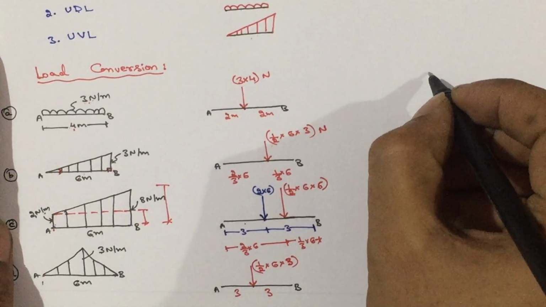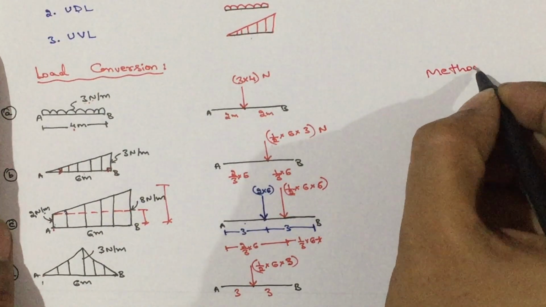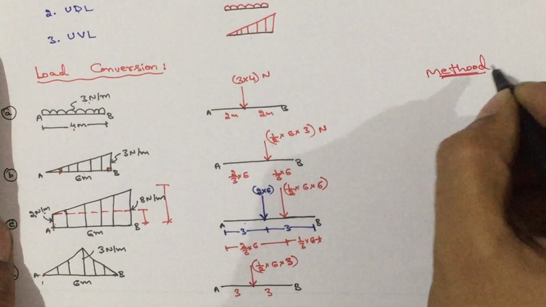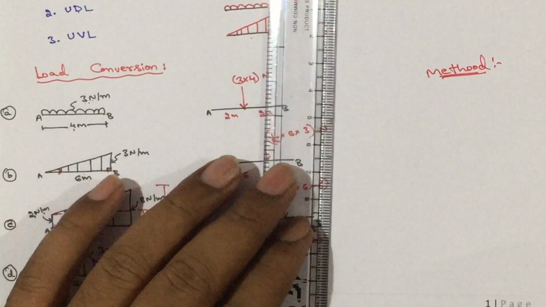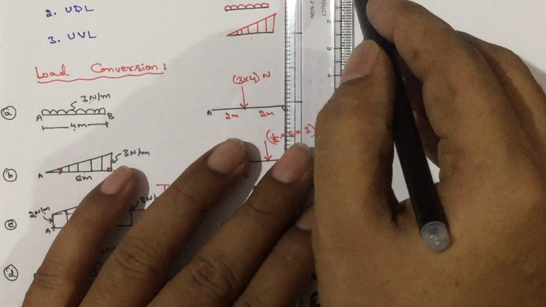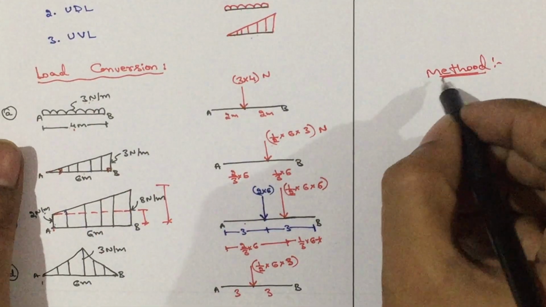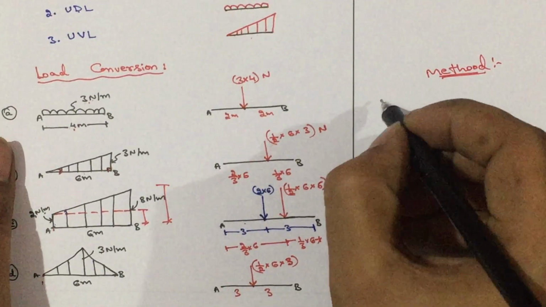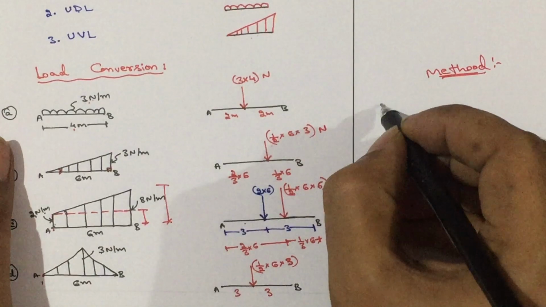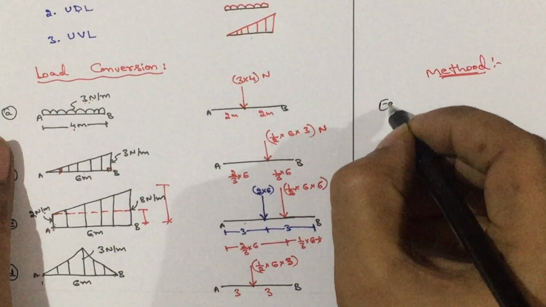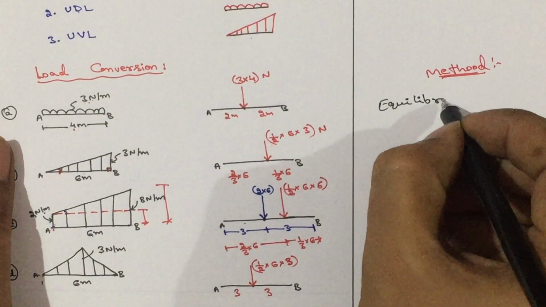So, what is the method to solve the problem? Here we have only one type of problem, that is support reaction problems. Then which are the methods available to solve the problem? We are going to solve all the problems by using equilibrium conditions or equations.